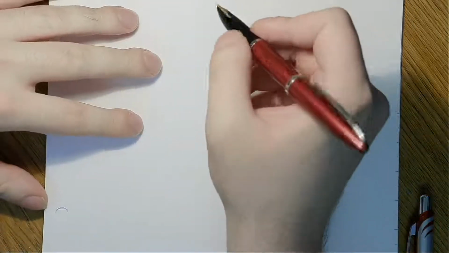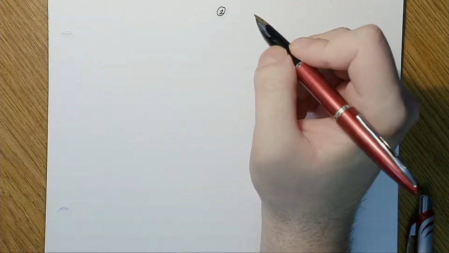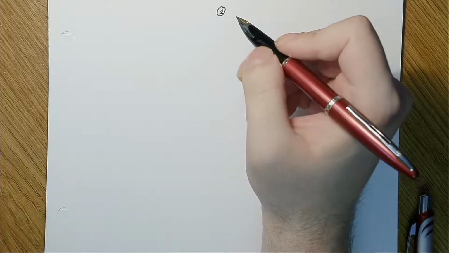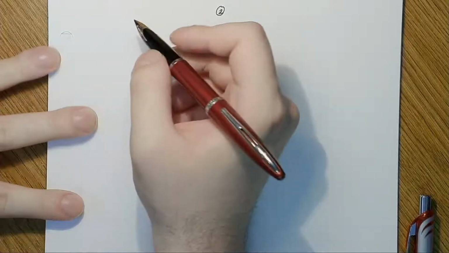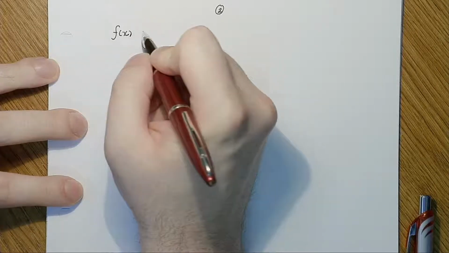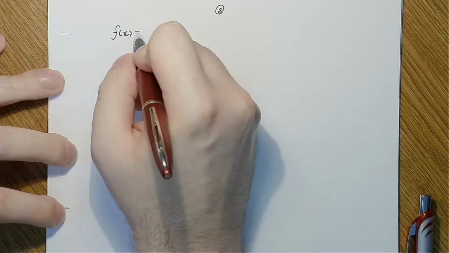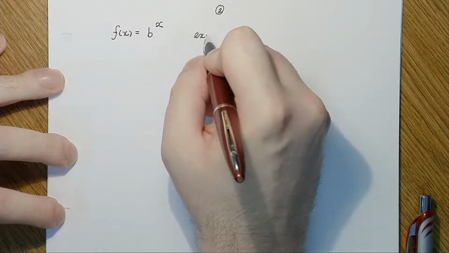Okay. So now that we got those laws either recalled or we just saw them now, we're going to run into this. Okay, so we had our function, and we had b to the x, and that's what we call the exponential function.